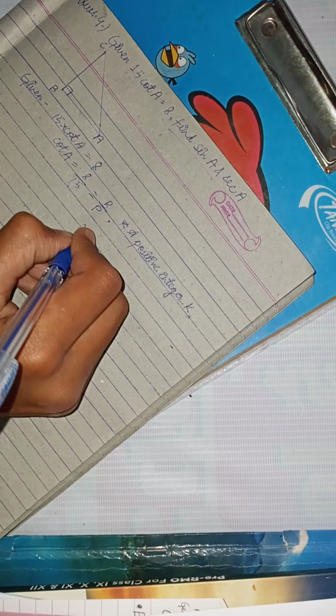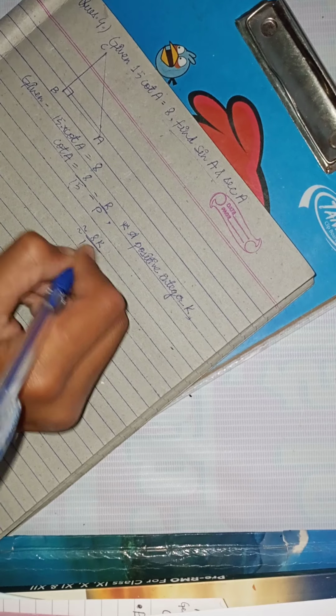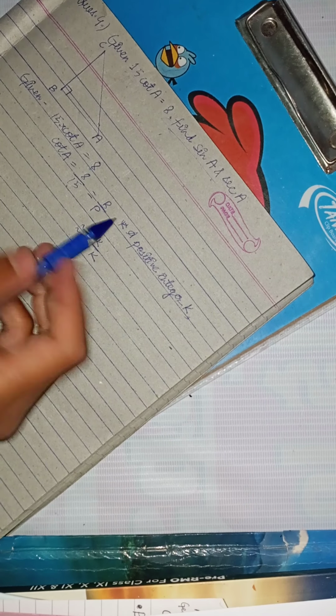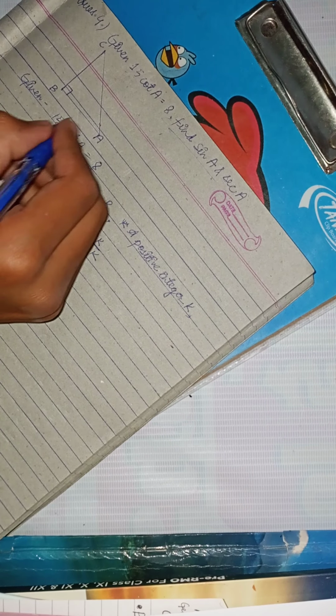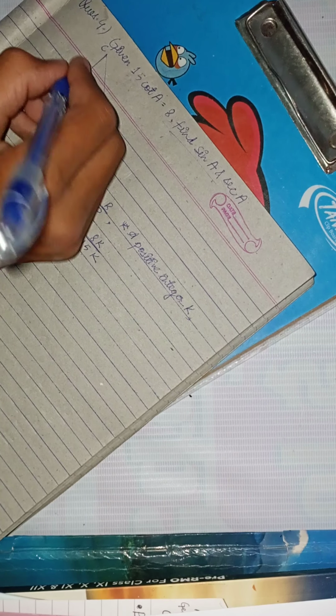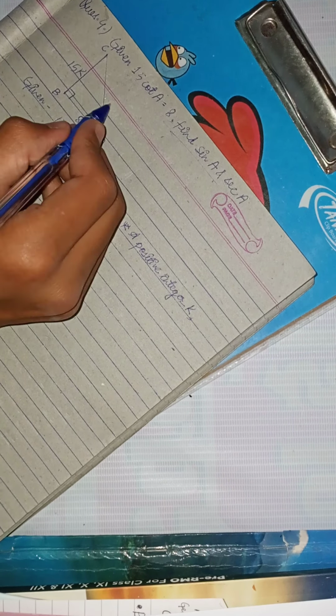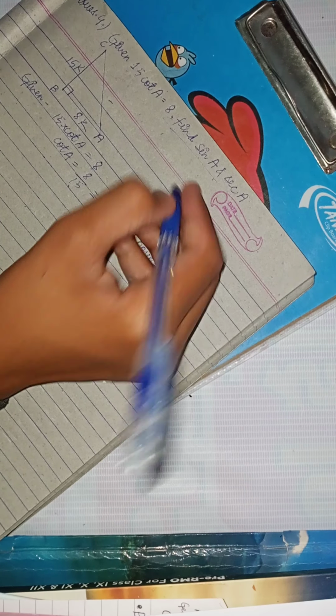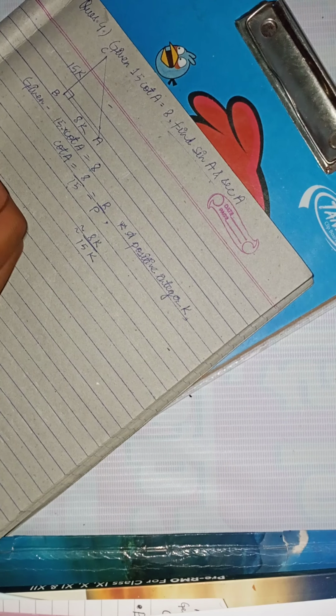So that will be equivalent to 8k by 15k. So now we have got the base as 8k and the perpendicular as 15k. So we can find this by Pythagoras theorem.